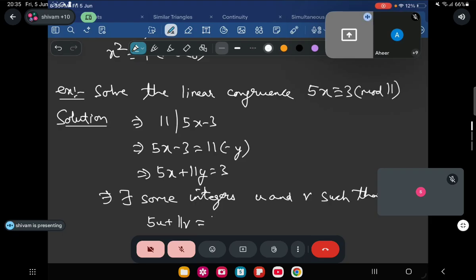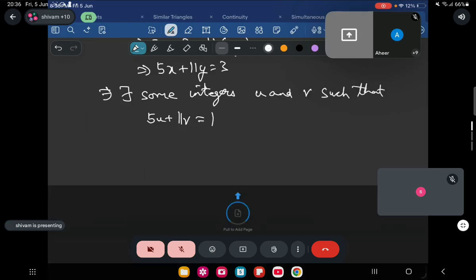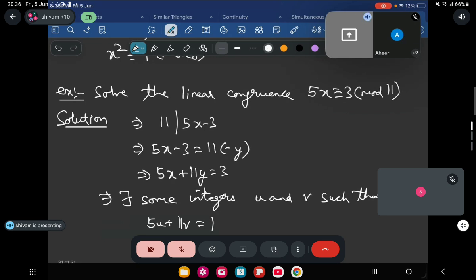Sorry, not 3, 1. Everyone, let us take it as y only, it will be easier for me to compare. 5x minus 3 is equal to 11y. So 5x minus 11y is equal to 3.